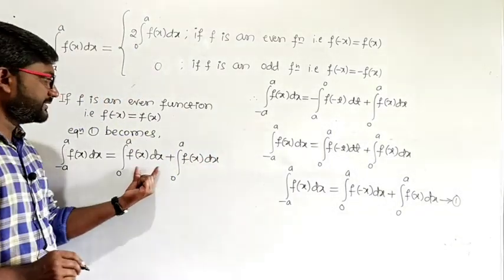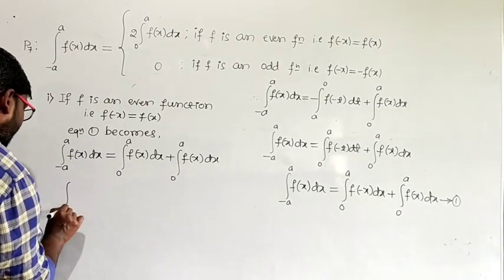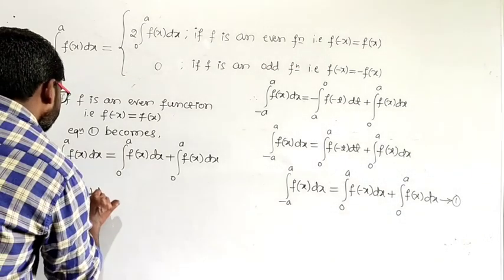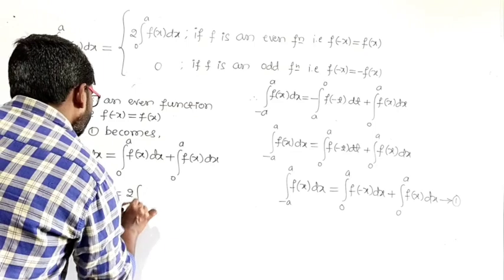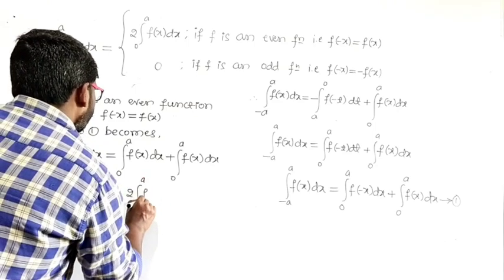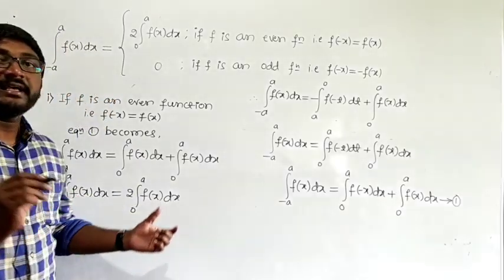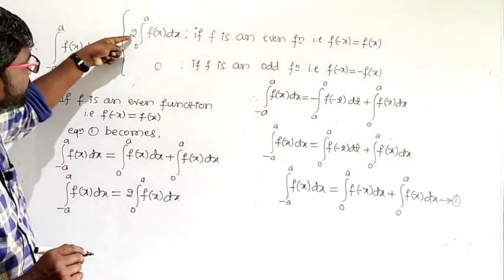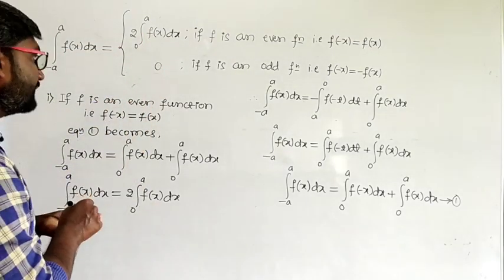See here, these are now similar. We can add these two now. Integral minus a to a f of x dx is equal to 2 times integral 0 to a f of x dx, when f is an even function. We have proved the first case.